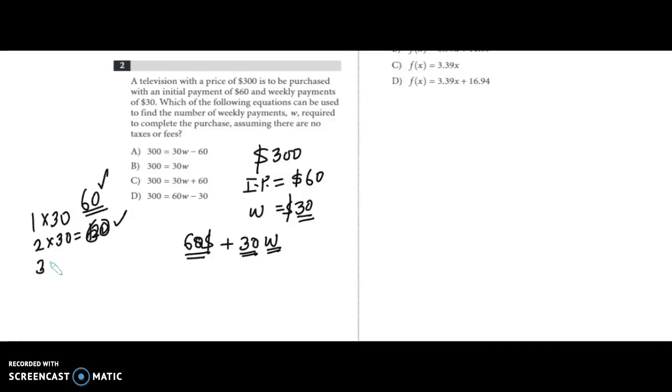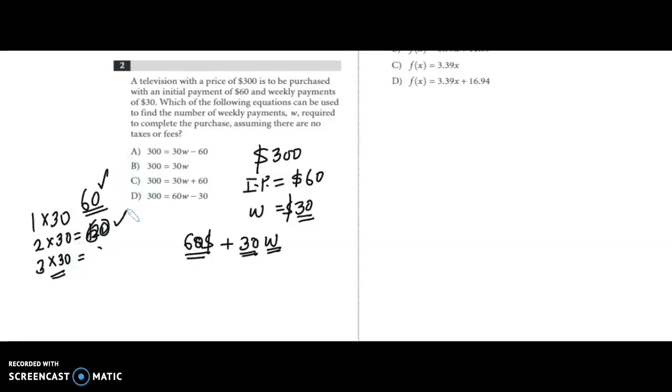And in the third week also you are paying $30, so 30 times 3, 90, and add 60 already there, so 90 and 60, 150. So likewise, the question is asking which equation will be the right option.